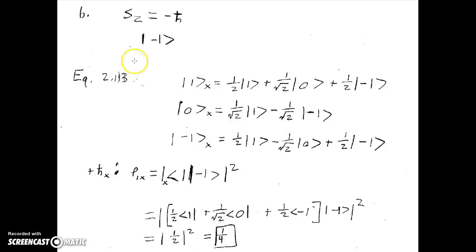And so again, we're going to have 3 different probabilities. The output's either going to be 1, 0, or negative 1. And so the eigenstates of S sub x in terms of S sub z basis is given in the book as equation 2.113, and it's written out here.